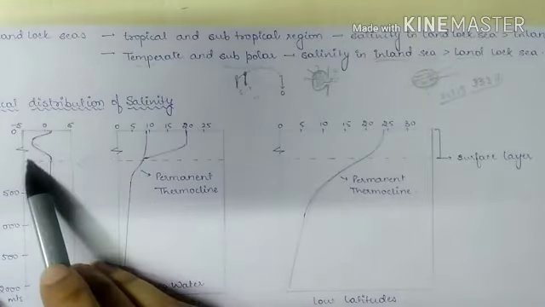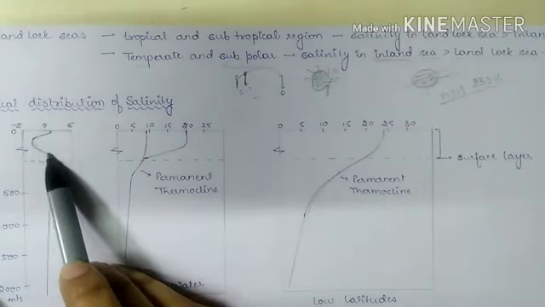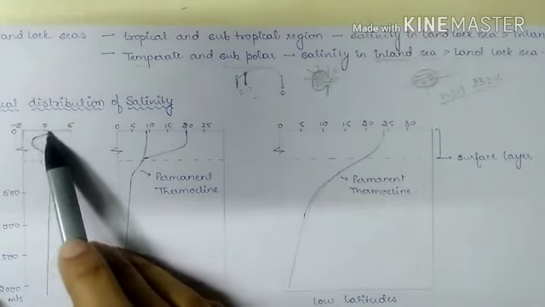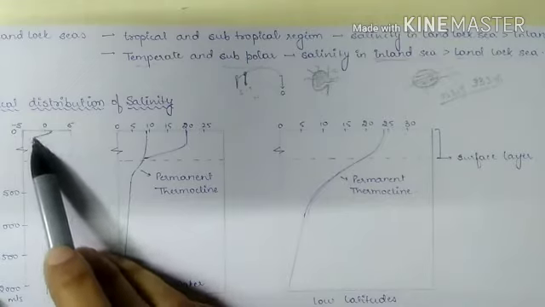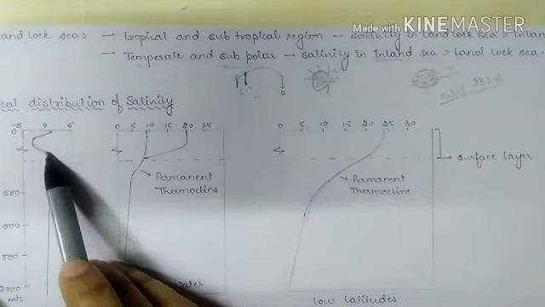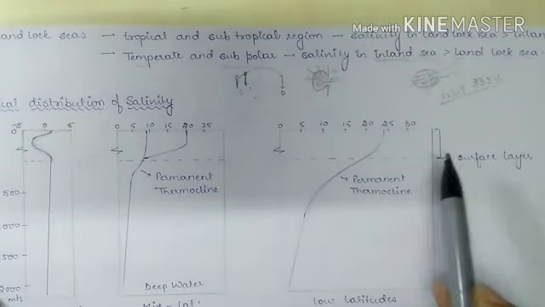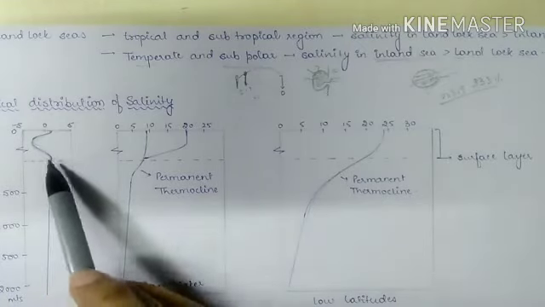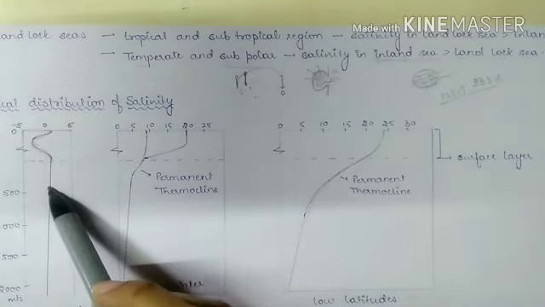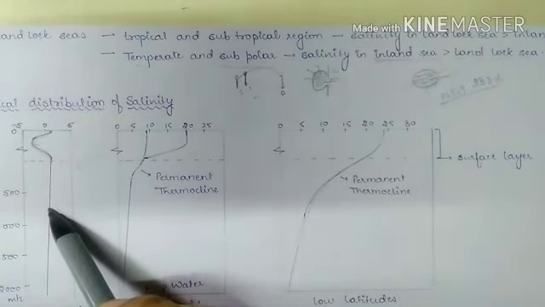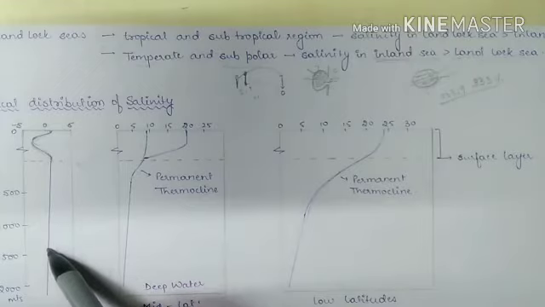So this is the photic zone, and here the variation in distribution of vertical salinity at the higher latitude is a little bit complex till this layer. This is known as the surface layer. Now as we go down, the salinity will constantly decrease, but the rate of decrease will not be very high.